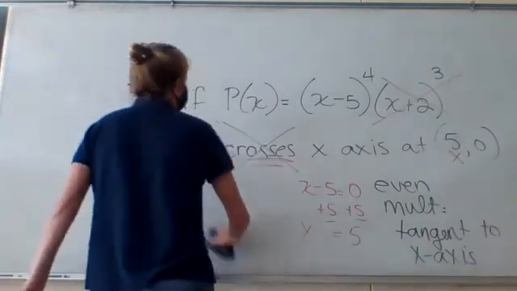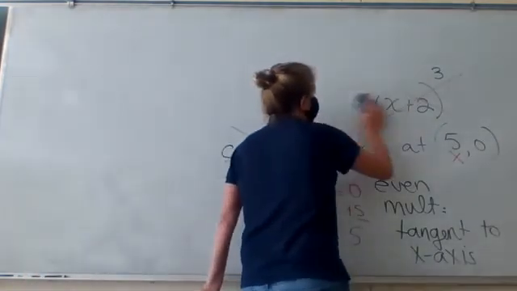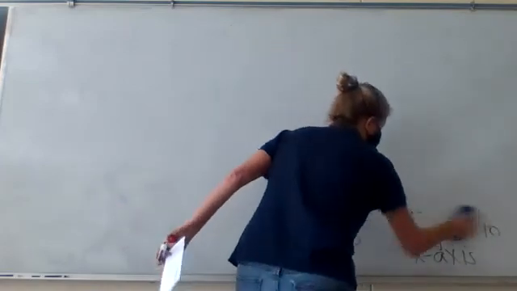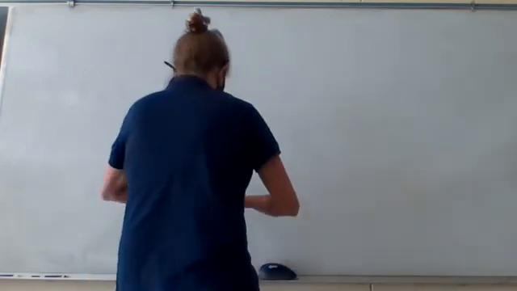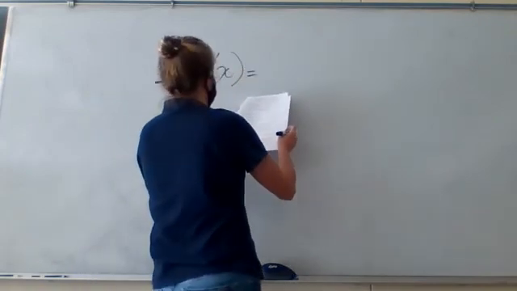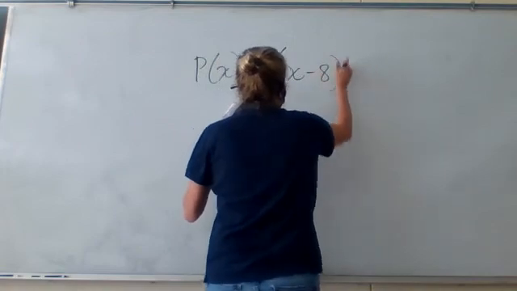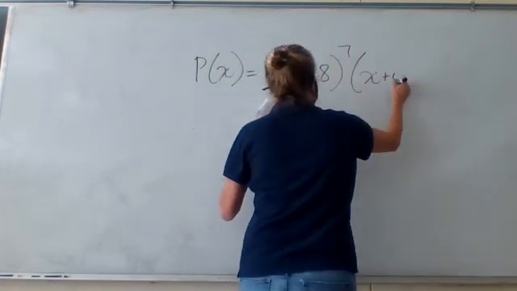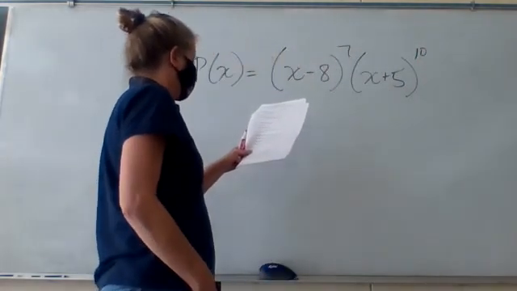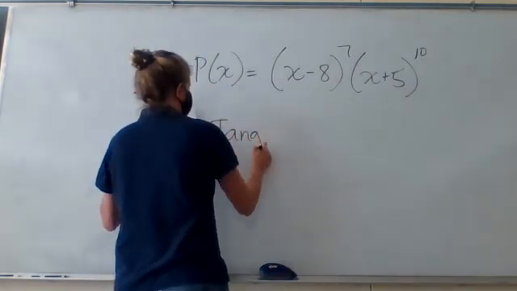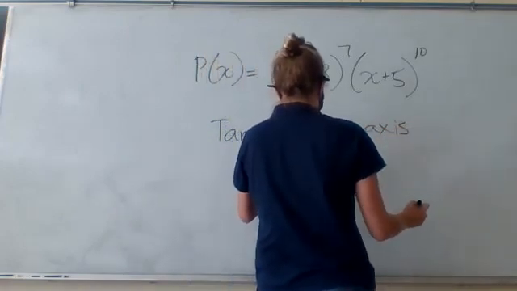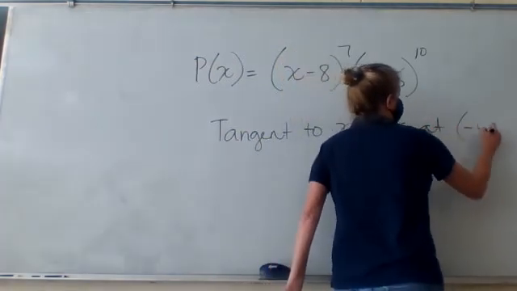And number 12. Last one. If p of x equals (x minus 8) to the 7th, (x plus 5) to the 10th, it's saying that p of x is tangent to the x-axis at (-5, 0).